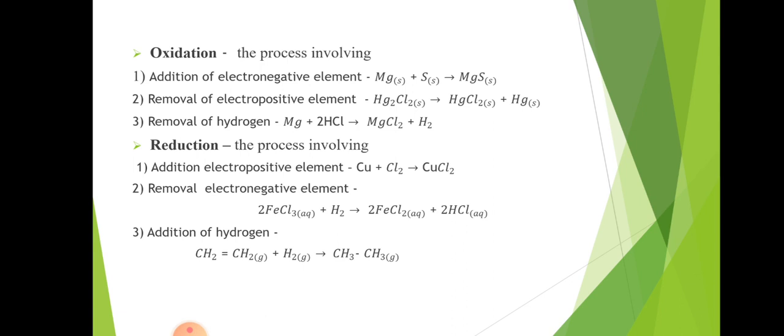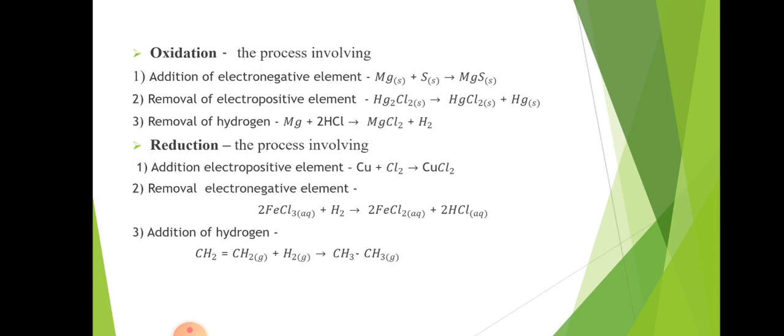Then another one is reduction. Reduction is, first, the process involving the addition of an electropositive element. Now the example is copper plus Cl2, which gives CuCl2.